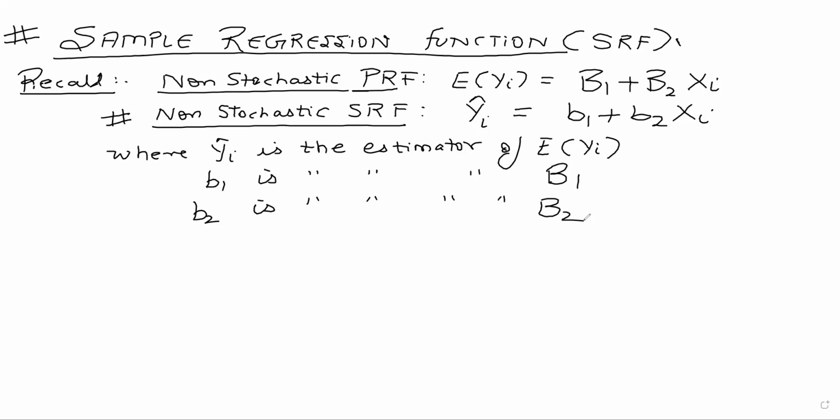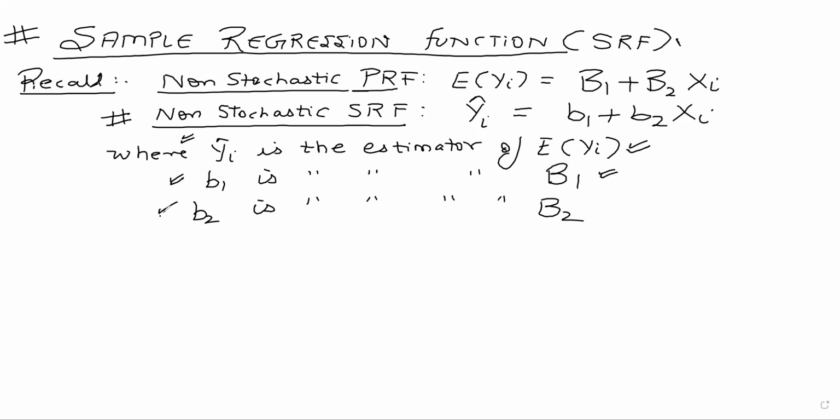So guys, small b1, small b2, yi hat are coming from the sample and they are used to estimate the population values. So yi hat, which is the sample mean value of y, is used to estimate the population conditional mean value of y. Remember, expected value of yi is conditional on x equal to xi. Similarly, small b1, my sample intercept term, is used to estimate the population intercept term.